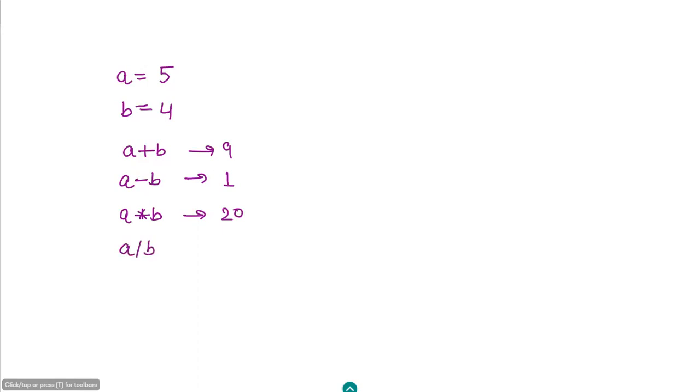And this is simple division. By this operator, 4 ones are 4. So what is the remainder? 1. Now put the decimal and put 0 here.